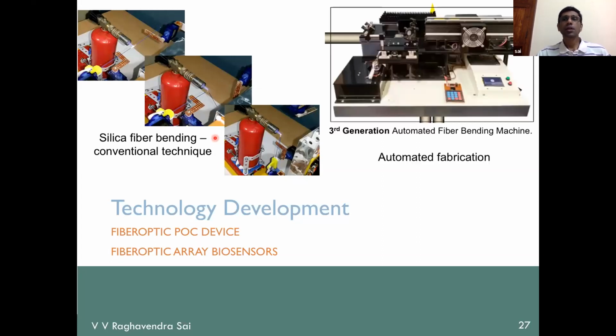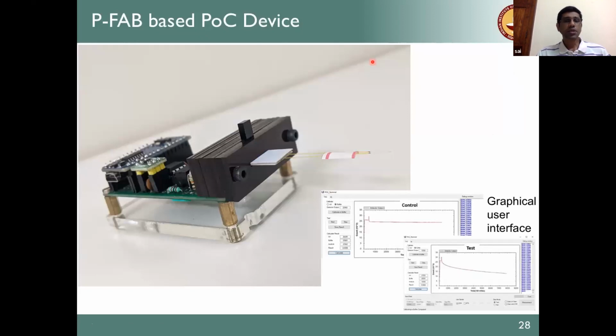So we came up with this laser bending machine developed in the lab, where we used a CO2 laser and optics mirrors to focus this laser onto the U-bend probe, and it has a robotic articulating mechanism where the fiber is held and then bent automatically. This is the device that is under development.